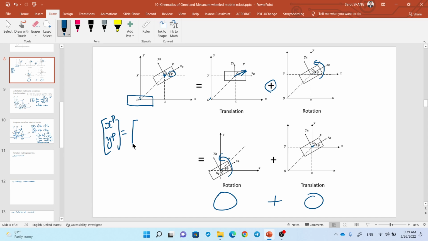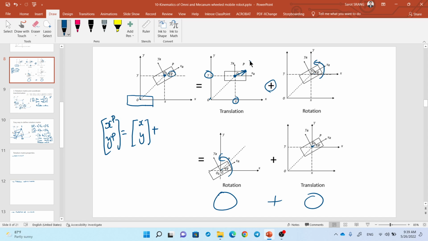So from O to OB, we call it H and Y. So H and Y is the coordinate of the origin of the robot itself, so it has H coordinate, Y coordinate on the global axis.